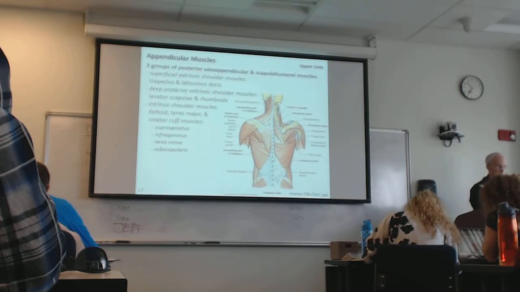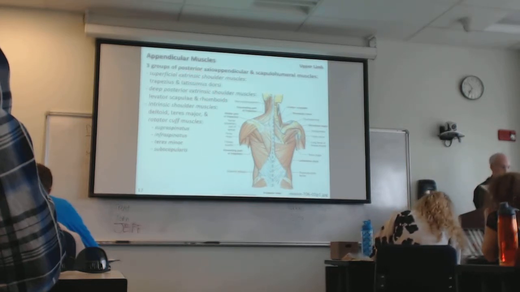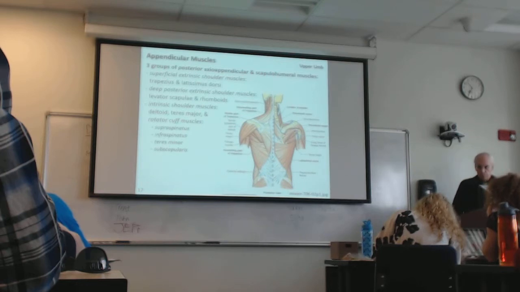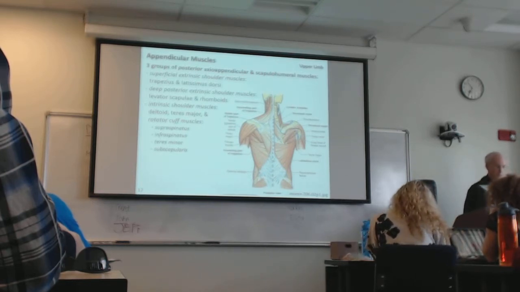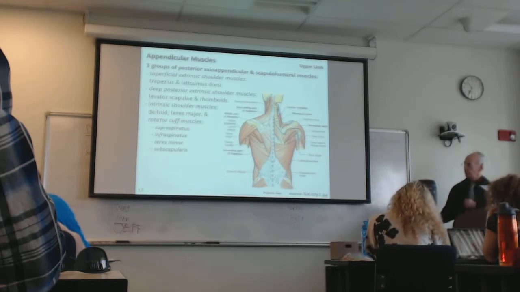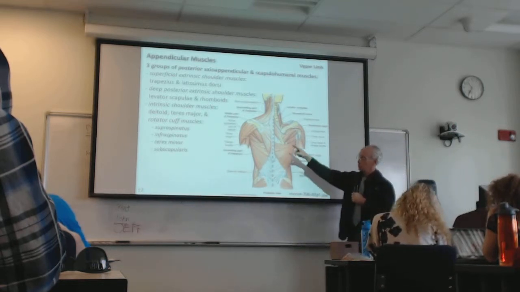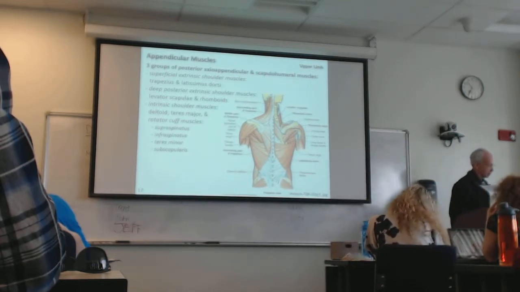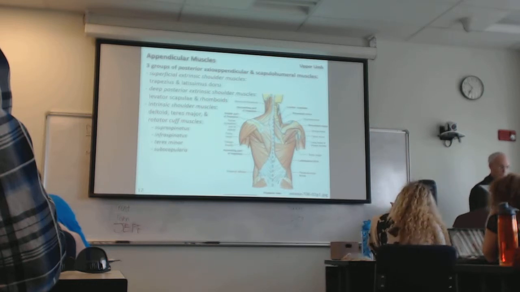On the posterior side, these would include the trapezius, a very powerful elevator of the scapula, and the latissimus dorsi, also posterior, which attaches from the spine and the thoracolumbar fossa inferiorly up to the humerus. We'll look at that attachment in more detail in a moment.